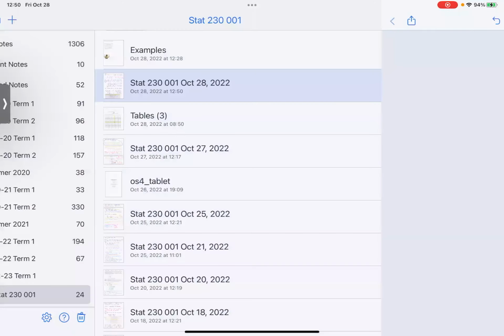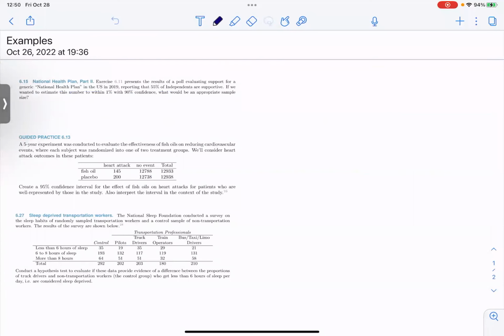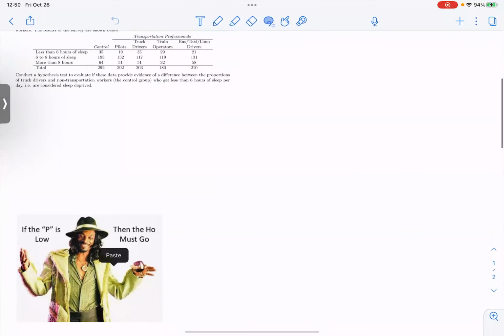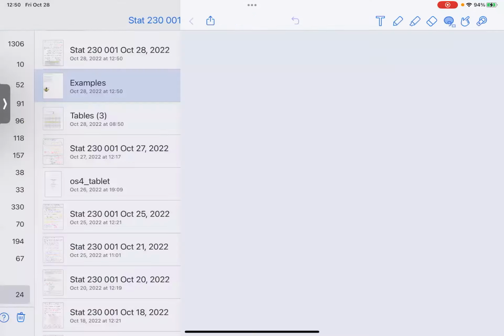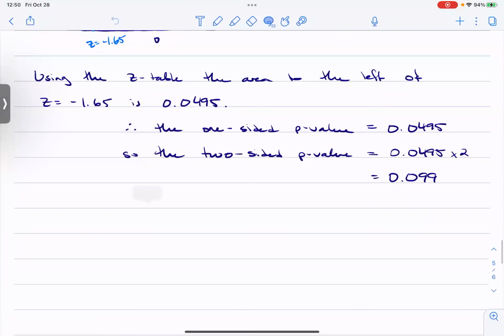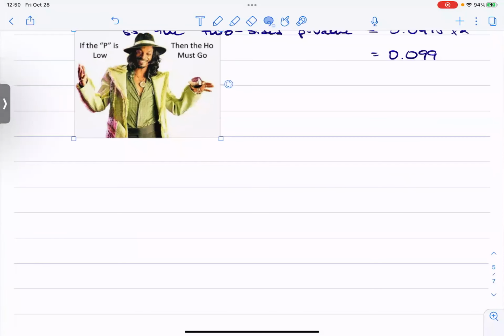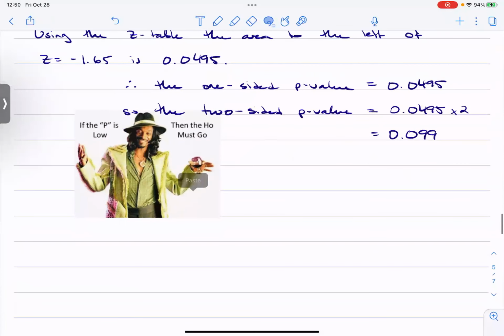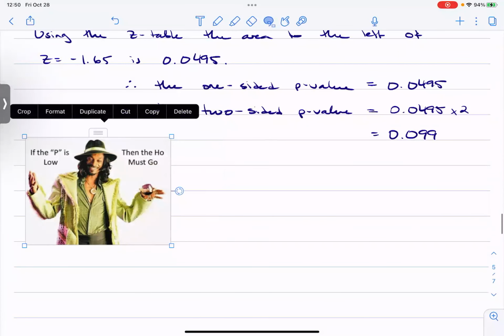Now, the last thing, I want you to work through the conclusion on your own, but I like to throw this one in. I'm surprised I haven't busted it out earlier.